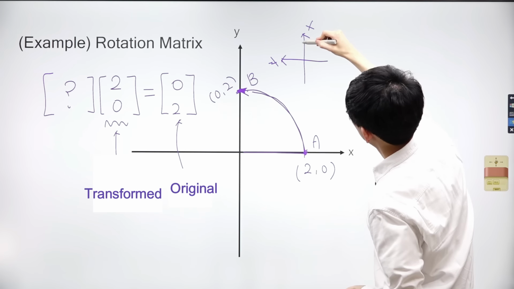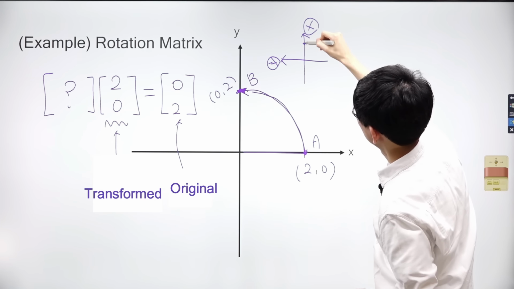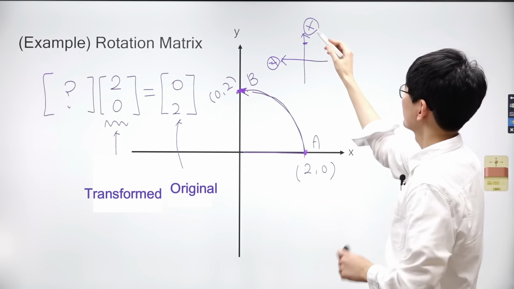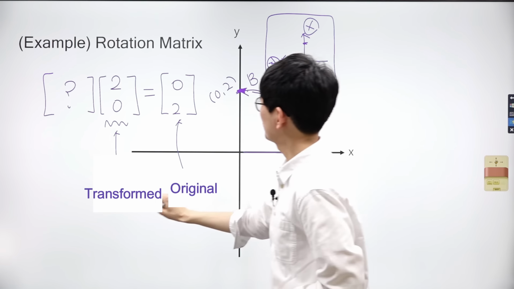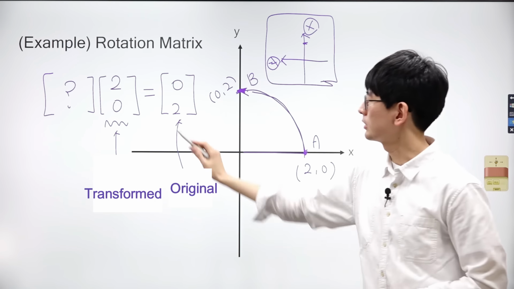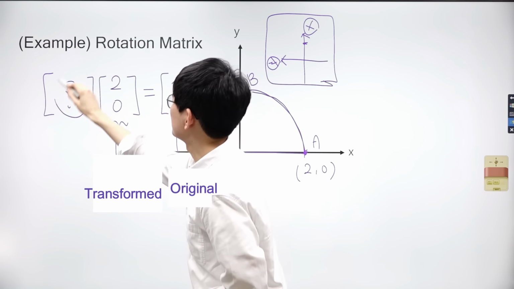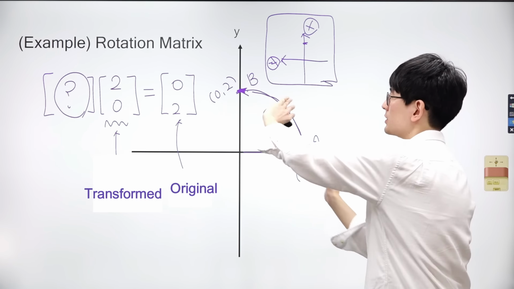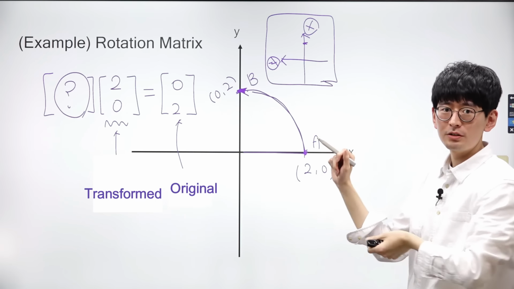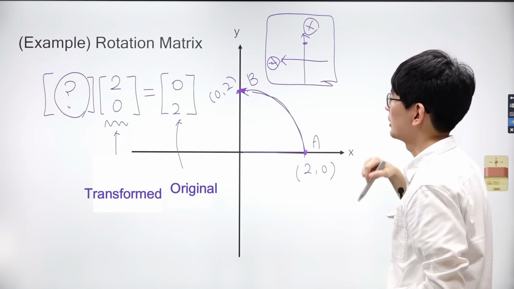Consequently, the x value of the vector would be 2, and the y value would be 0. Thus, in this new coordinate system, the vector's coordinates would be 2, 0, whereas in the original coordinate system, they would be 0, 2. So, the vectors in the unknown matrix serve as new x's that are rotated 90 degrees counterclockwise.